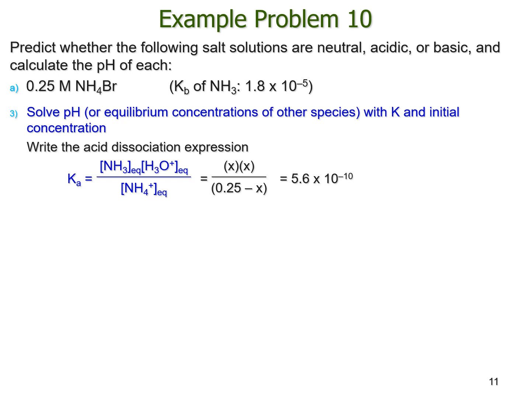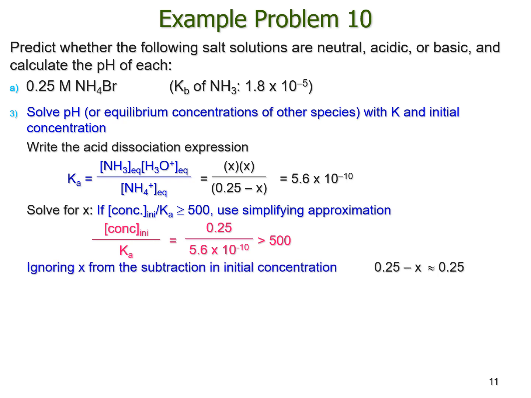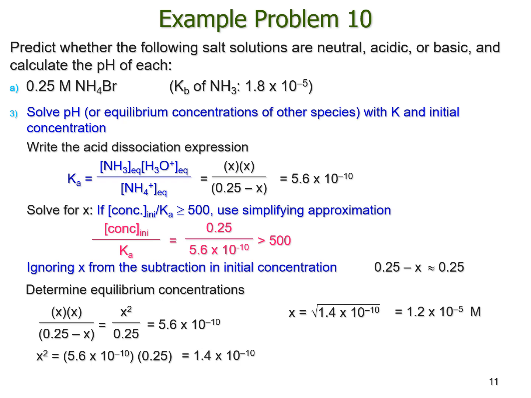Every time I see an equation like this, I want the 500 rule. So initial concentration divided by Ka is going to be much greater than 500, meaning we can take the X away. The calculation is going to be much easier. So multiply by 0.25 on both sides, then we take the square root. So we have X equals 1.2 times 10 to the negative fifth molar.